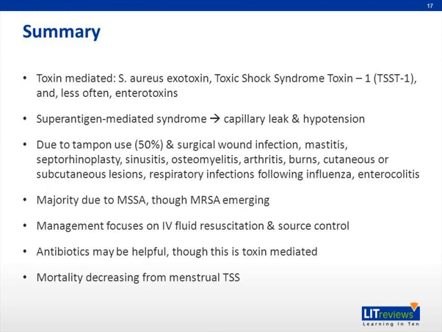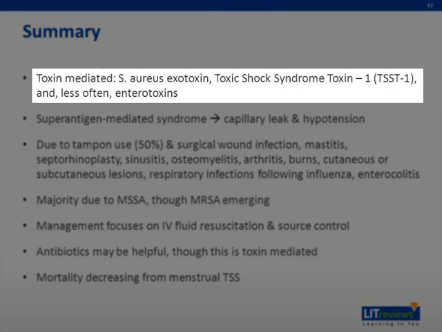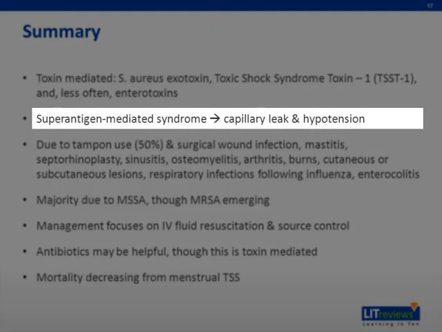So just to summarize, Staphylococcal toxic shock syndrome is a toxin-mediated syndrome. It's caused by Staph aureus exotoxins, either toxic shock syndrome toxin 1 or TSST-1, and less often enterotoxins. It's a superantigen-mediated syndrome, and that causes massive T-cell activation and cytokine release, which eventually leads to capillary leak and hypotension.